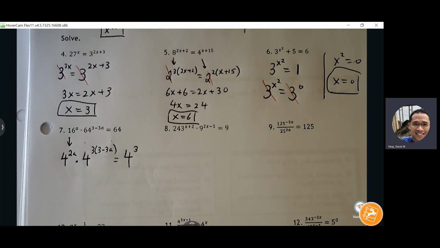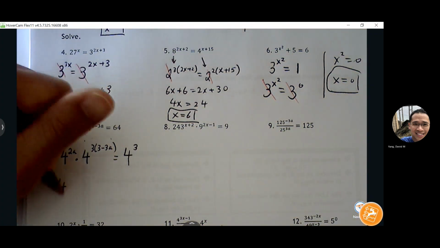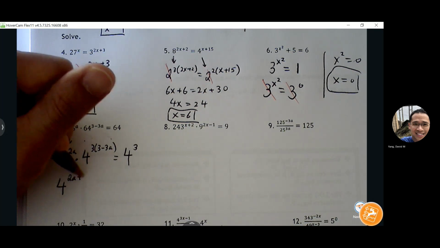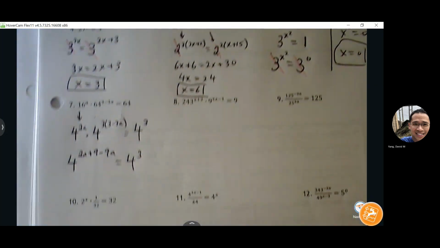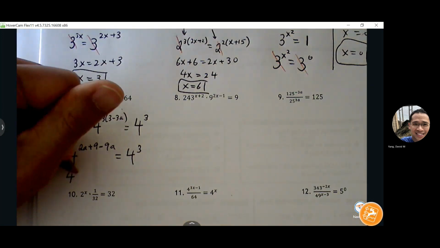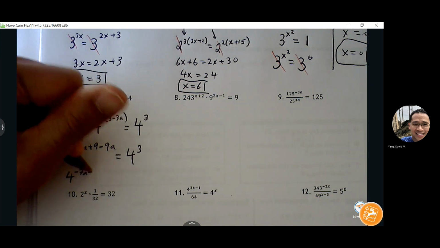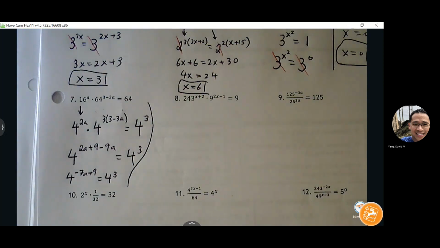Add, yeah, add them. Now that I can clean up that left side, I can drop the bases and set the exponents equal to each other.